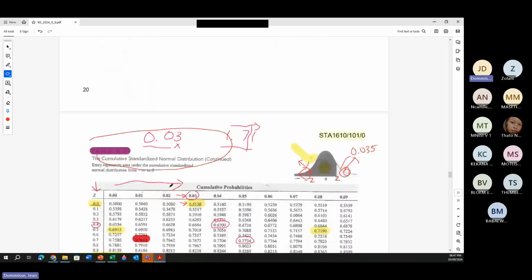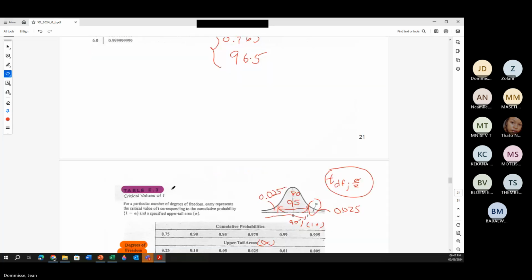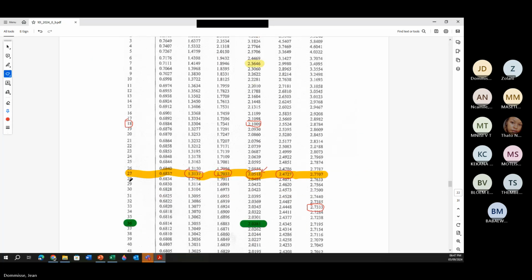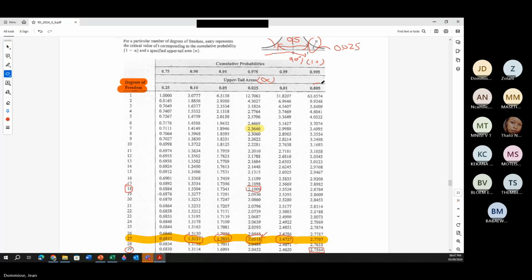So if we used 29 and the closest to 2,74 is that 0,05.